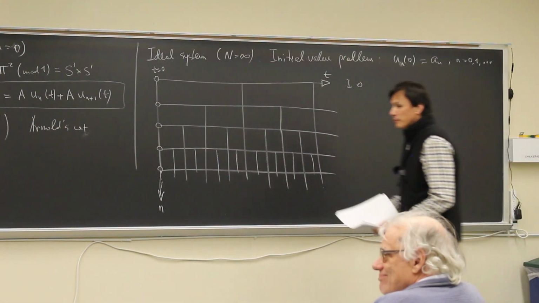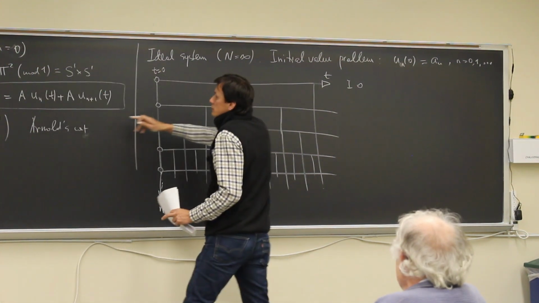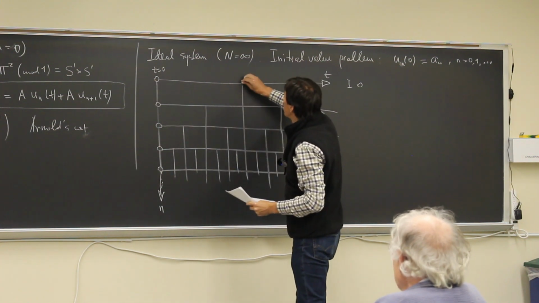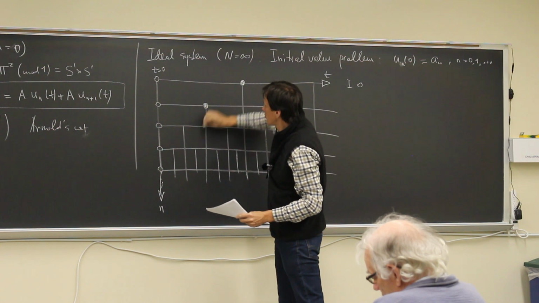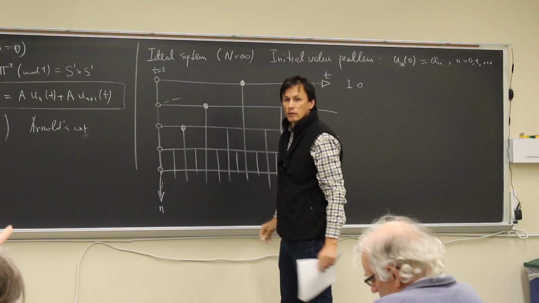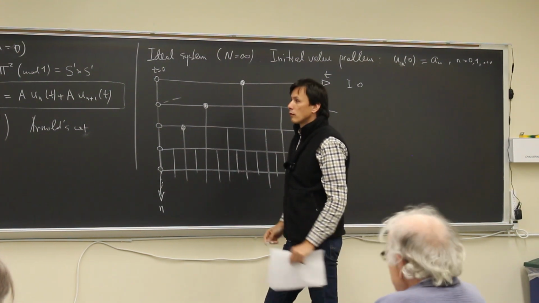So the first step is simple. We have this law. It means that having these two points, we know what is here. Having these two points, we know what is here. You're supposed to picture the initial condition as a bunch of vortices going down.